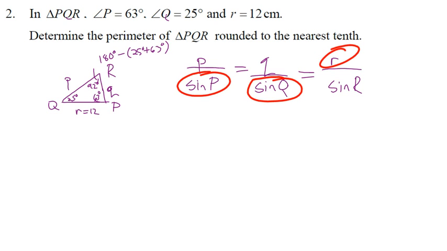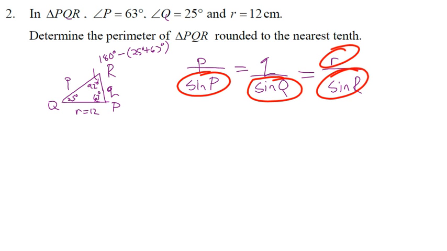If I put any 2 of these together, I have 2 unknowns, so I can't solve. I need this known pair in order to solve. Having angle P, angle Q, and little r, no matter how you put it together, there are always 2 unknowns, and there is not enough information to get 2 equations for a system of 2 equations and 2 unknowns.